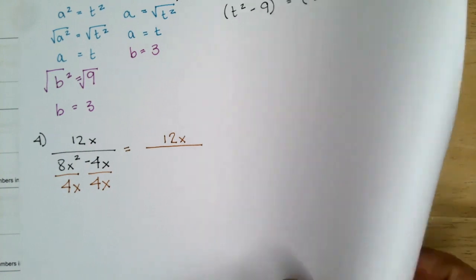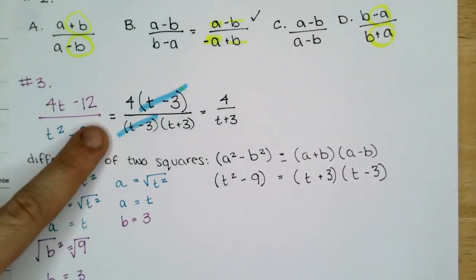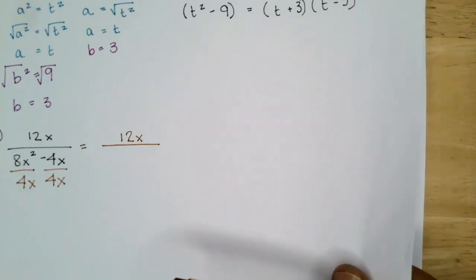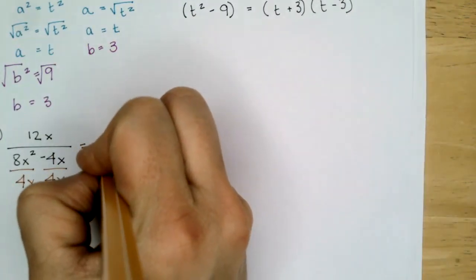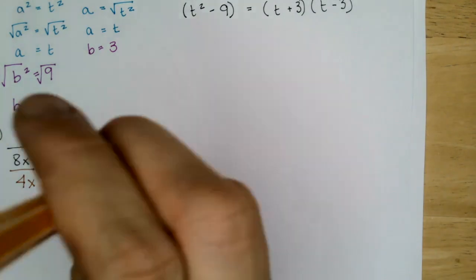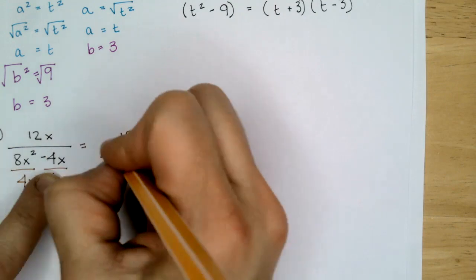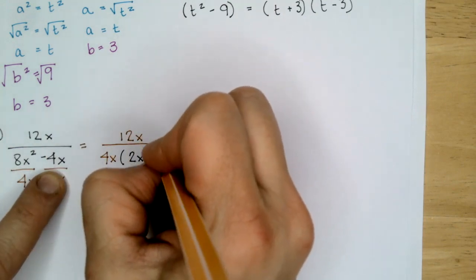Just like up here, I factored out just a 4. 4t divided by 4 is t. Negative 12 divided by 4 is negative 3. So here I have 4x. 8x squared divided by 4x gives me 2x. Negative 4x divided by 4x gives me a negative 1.